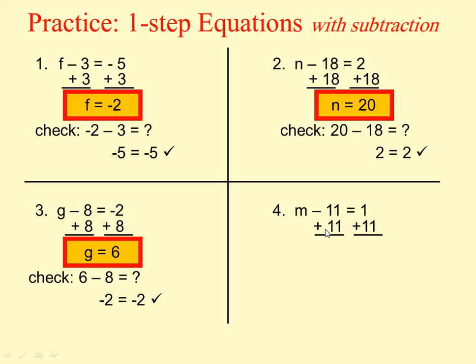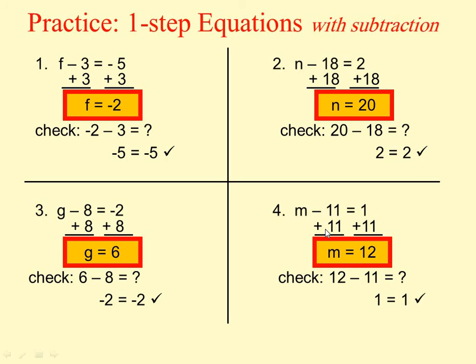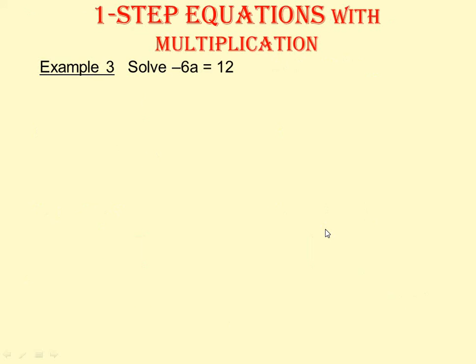And both, we can check the answer and it would give me a true sentence, so actually it's correct. Now if I have a one step equation but with multiplication, I say the inverse operation of multiplication is division.